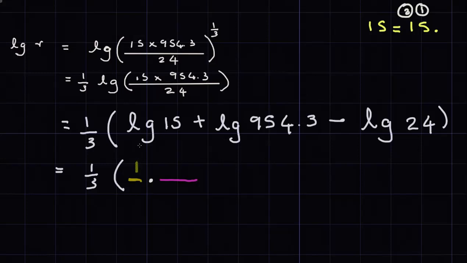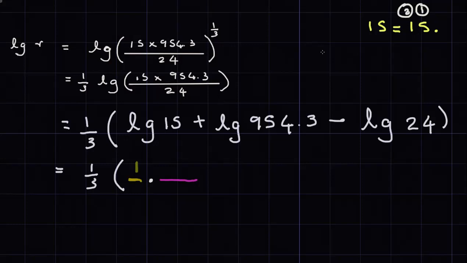So you write 1 in the characteristic. How did 1 come here? There are 2 digits before the decimal point. Then when you're writing here, you reduce 1 from that 2. If you reduce 1 from 2, it's 1. That's the reason I put 1 in the characteristic. That's one way of thinking.